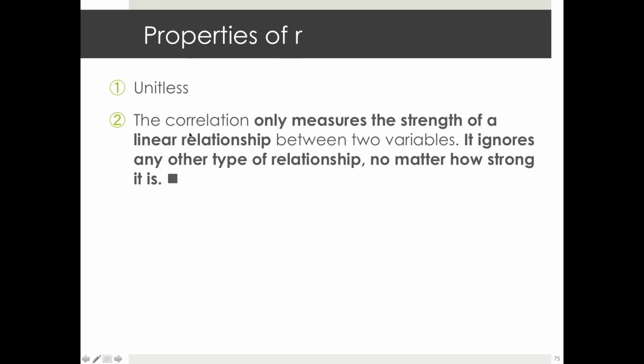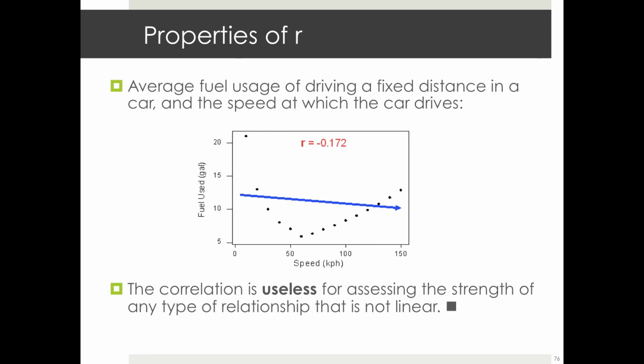Second, the correlation only measures the strength of a linear relationship between two variables. So it's going to ignore any other type of relationship, no matter how strong that relationship is. We've said this before, and this is the common error that students often make. And this is a point that really needs to be carefully pondered. Here's an example.